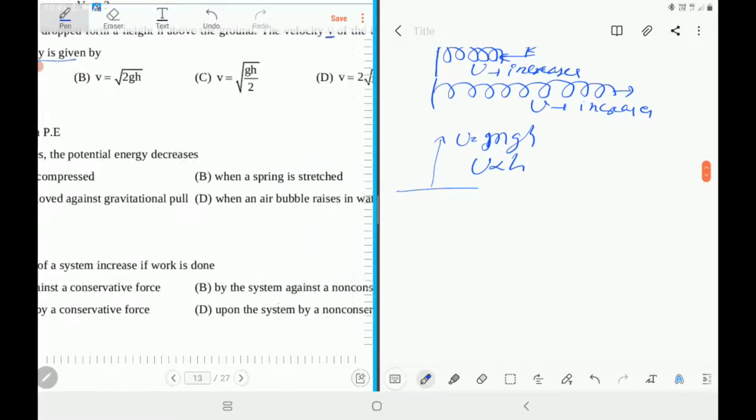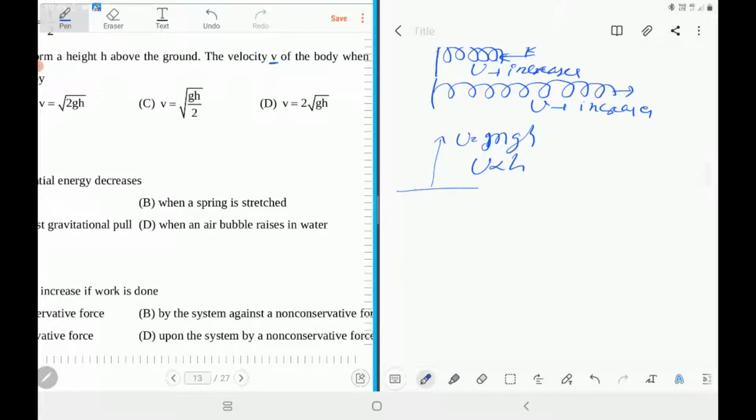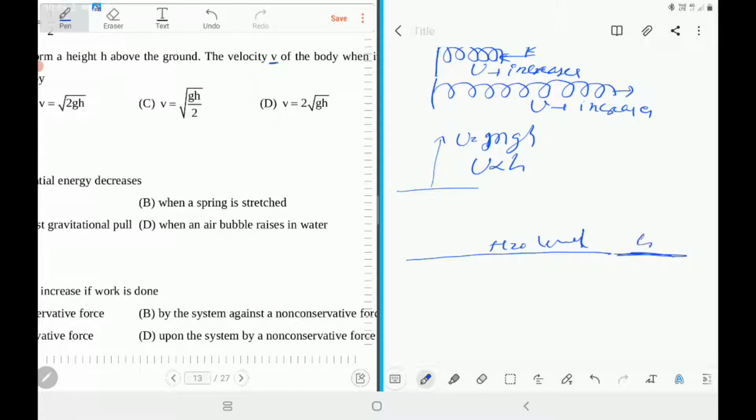Now look at the last one. When an air bubble rises in water, look here. Water level is ground level. This is water, H2O, level in a lake or pond. Okay, this is ground level. The bubble is rising up, right? We consider ground level as the zero potential energy level. Below ground, negative level. Above ground, positive level, right?